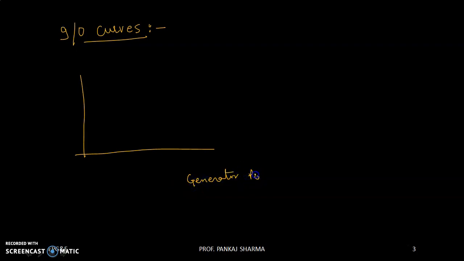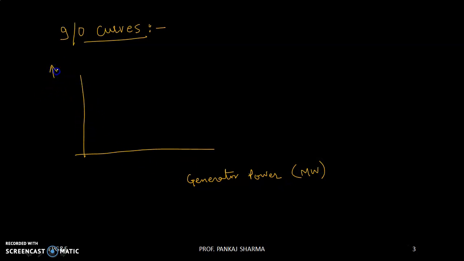Input output curves. What is that? This is your y-axis and this is your x-axis. In the x-axis we have taken generator power in megawatt.